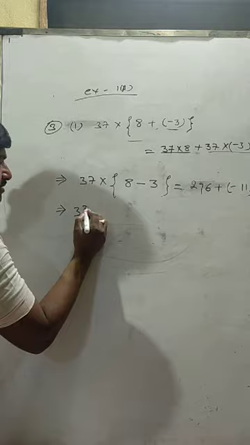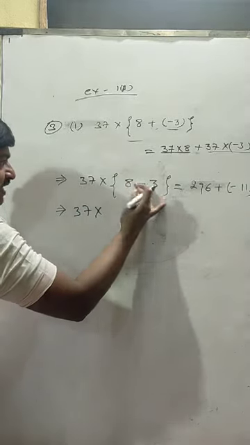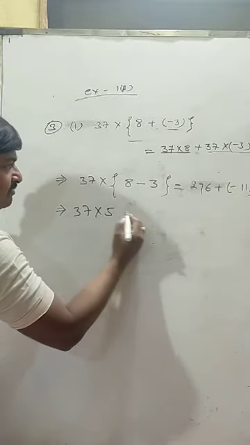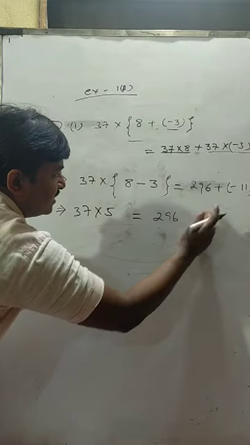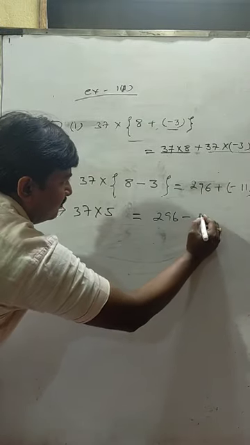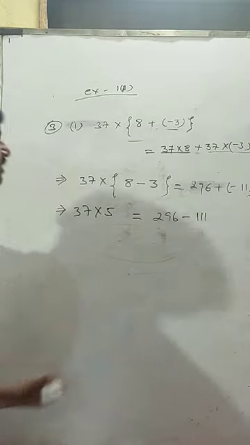Again, this side is 37 × 5, which is equal to 296 plus and minus multiplied, which gives −111.